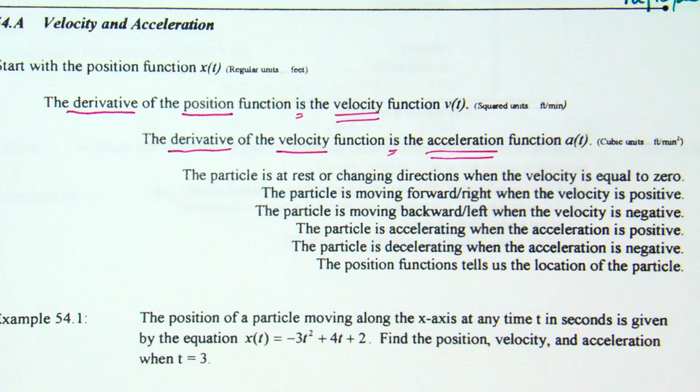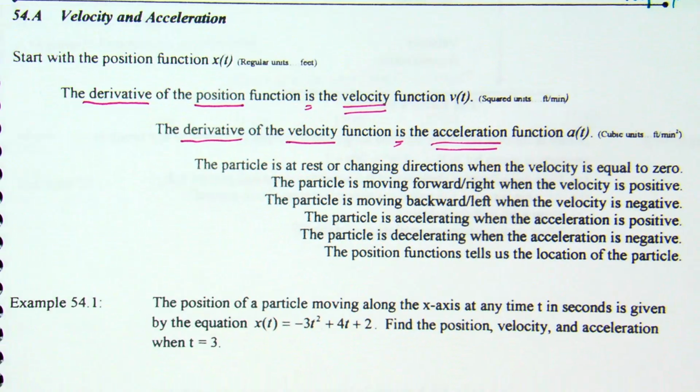Now, talking about the particle, let's go ahead and read through these to get an understanding. The particle is at rest or changing direction when the velocity is equal to 0. A velocity of 0 indicates that the particle is stopped, so it's at rest or changing directions.